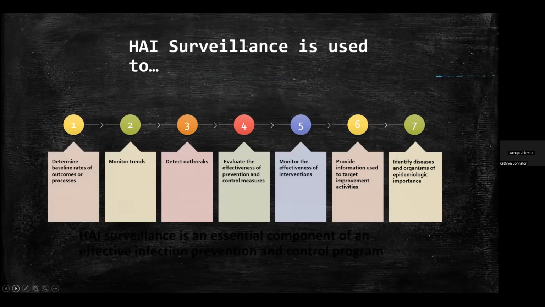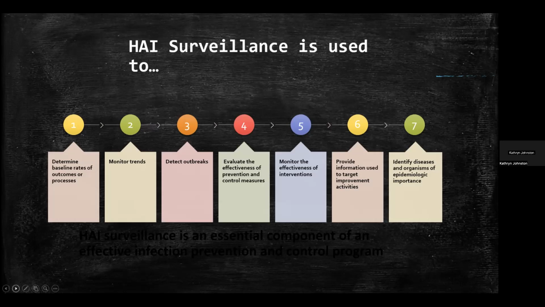So in looking at it, what do we use this information for? We use the baseline rates of outcomes or processes. Initially, if there's an interest in implementing an intervention, you have to know where you start, and then you have to know what the difference is in the data after you implement that intervention.